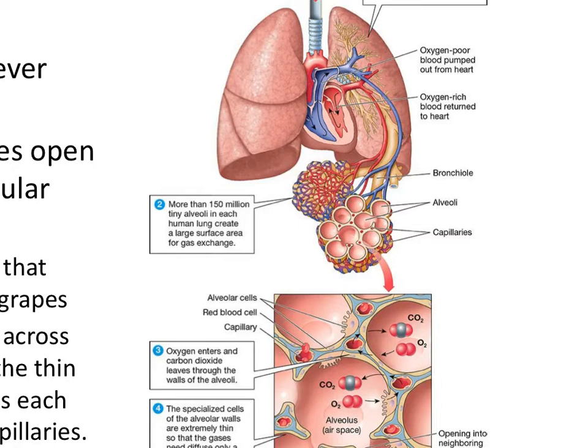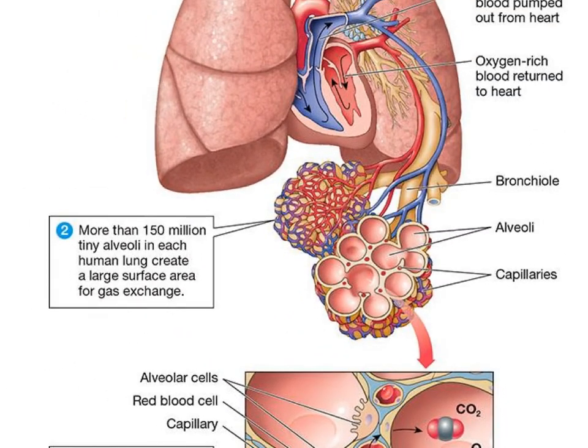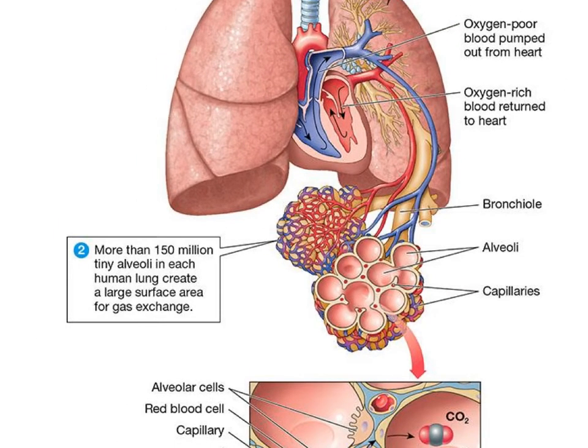So this is how nutrients and gas and everything else exchanges. You go from very, very small tubes, which give a large surface area, versus very large tubes, which give a smaller surface area. Okay, so you can see the bronchiole carrying oxygen-poor blood into the alveoli where gas is exchanged.